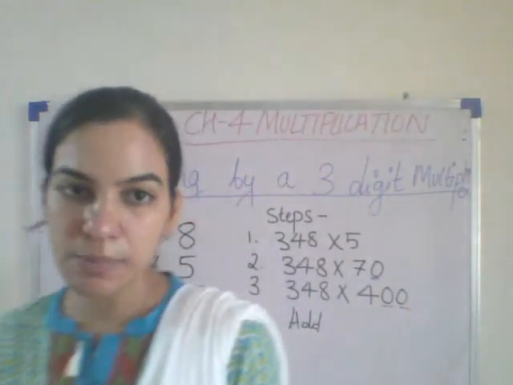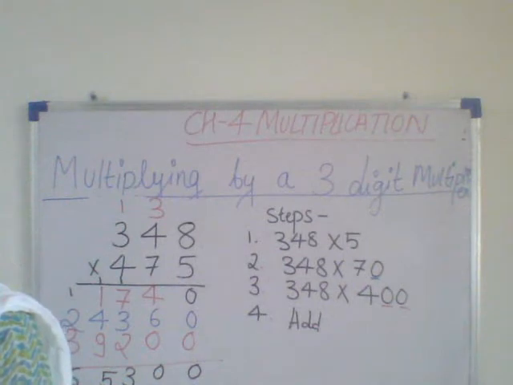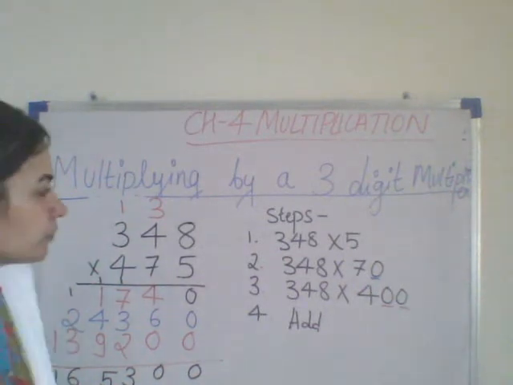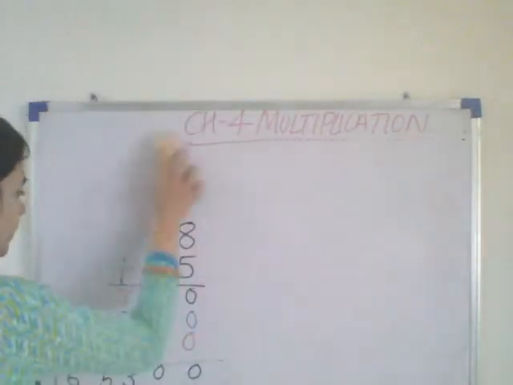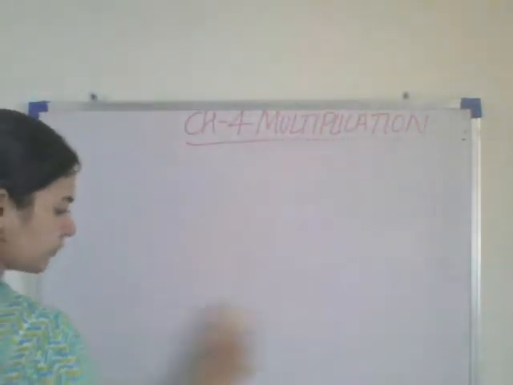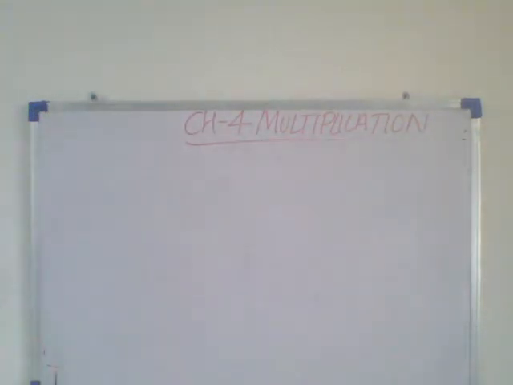Now let us do some of the word problems related to the multiplication. So our first word problem is: a computer game CD costs rupees 474.